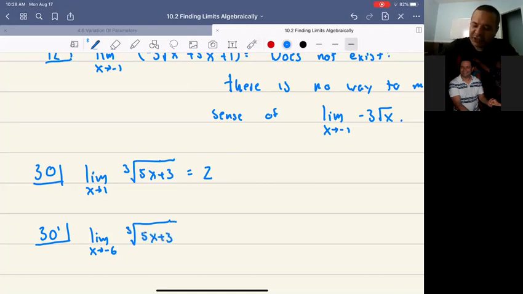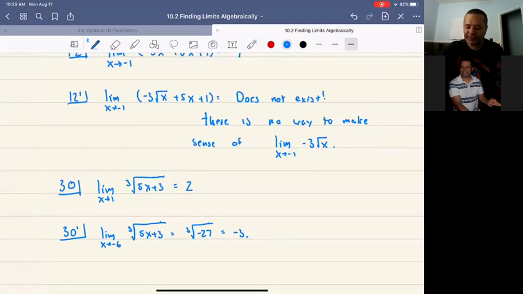I've just changed it around a little bit. I'm going to plug in negative 6, and I get negative 30 plus 3 is negative 27, and the cube root of negative 27 is negative 3. So this one also still works.